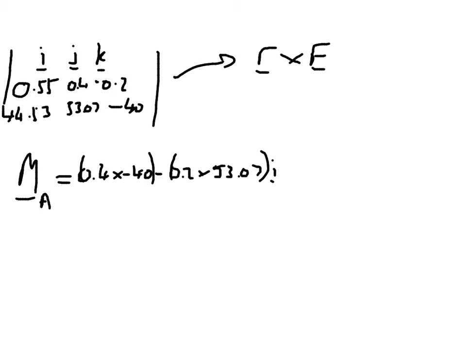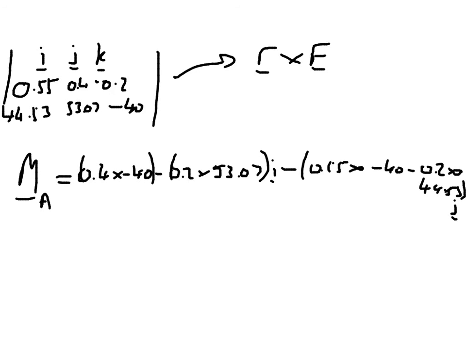It's going to be minus for the j: 0.55 times minus 40, minus 0.2 times 44.53 j.